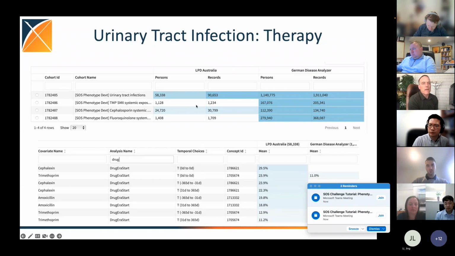So that might actually affect how we would conceive of our indication, our exposure phenotype that we might want to consider iterating to make sure we're not missing a substantial portion of people that are just exposed to the TMP component, or trimethoprim component, as a comparator to fluoroquinolones.